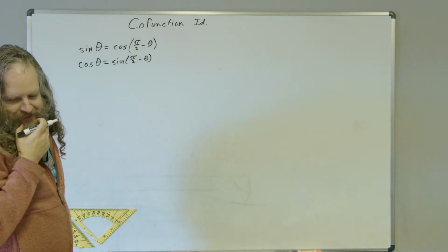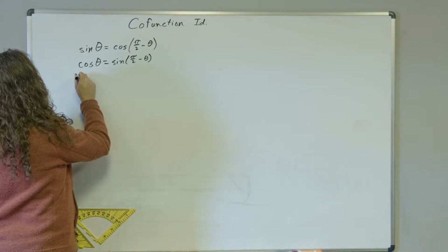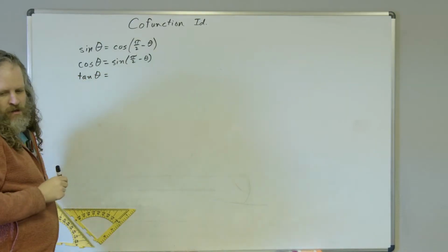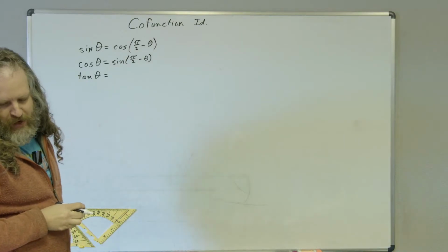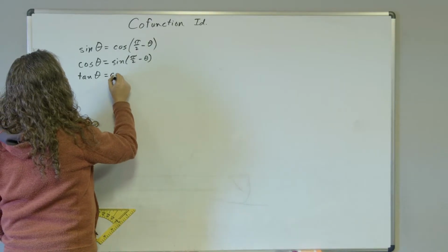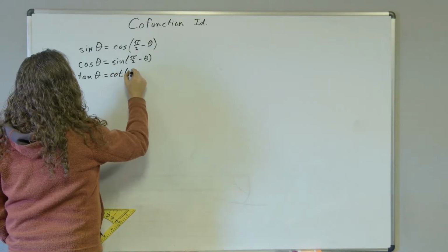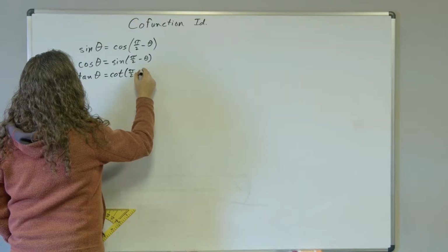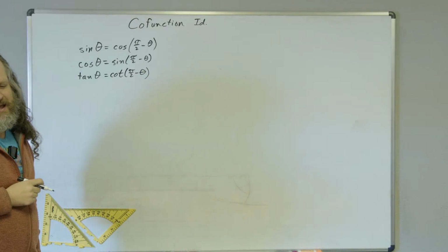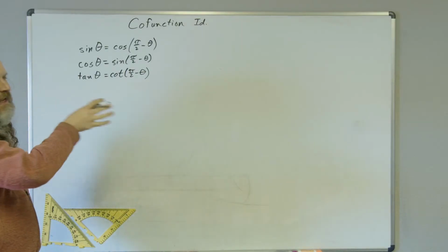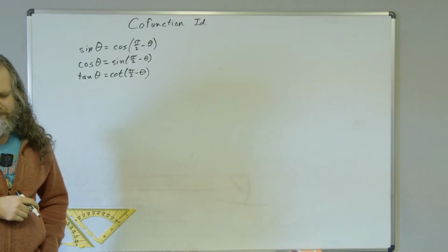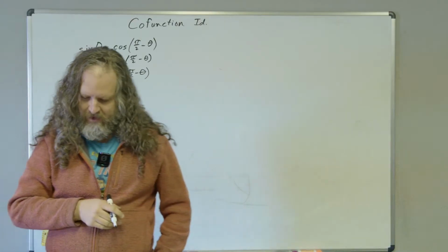The tangent of theta is the cotangent of pi over 2 minus theta. All of the reciprocals are the same. If you want to include them, you can include them. They're all the same as the others.